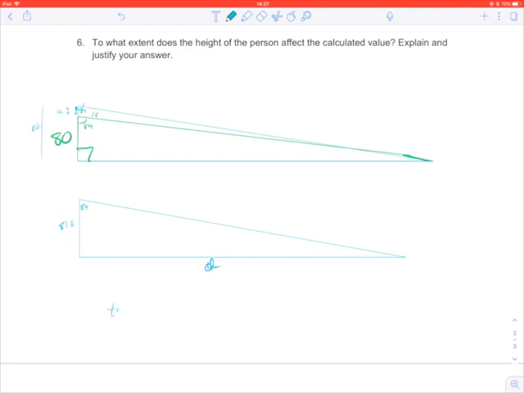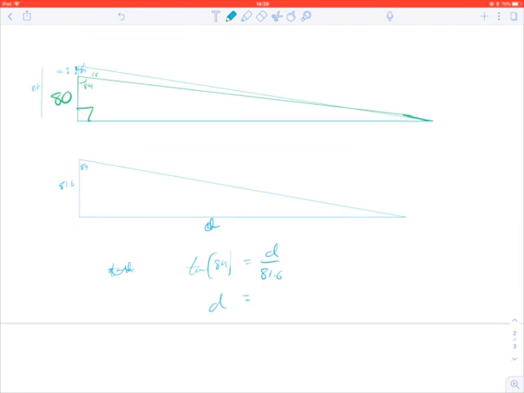You could still say tangent of 84 equals opposite over adjacent. And so your new D value is going to be tangent of 84 times 81.6, 776.372, blah, blah, blah.